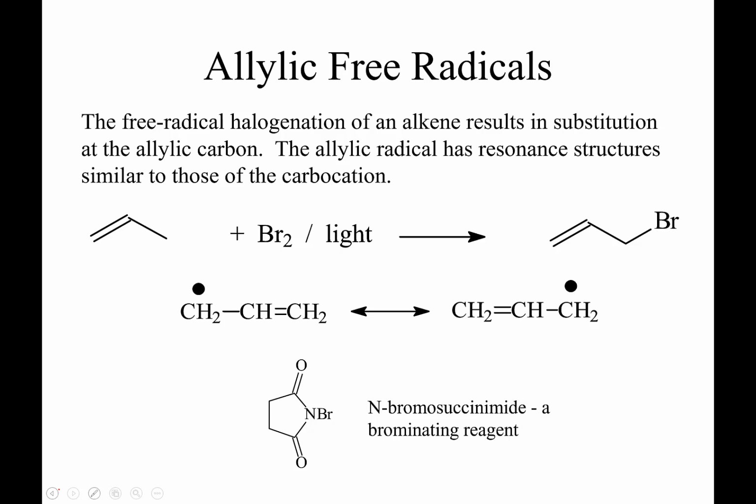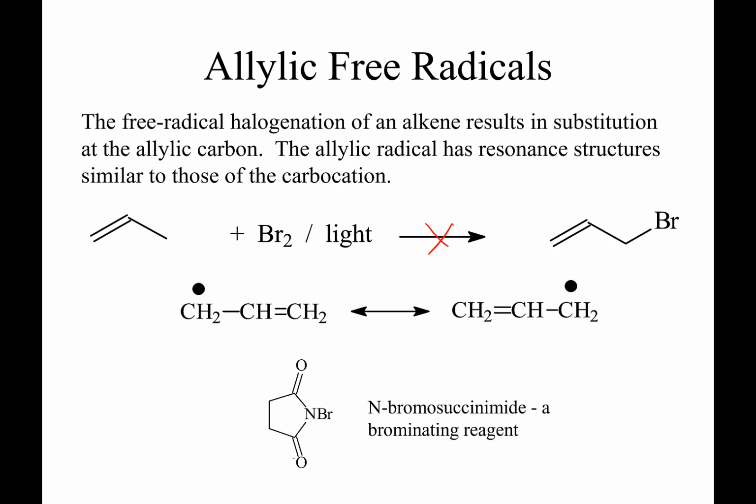And so the reagent that we would use is not bromine and light, because bromine and light, as we just saw, does not produce that. Instead, we're going to use what's called NBS, which is N-bromosuccinimide.